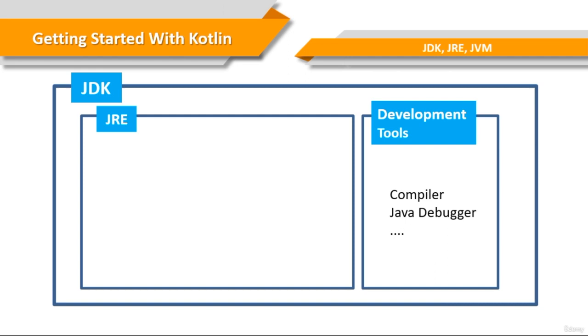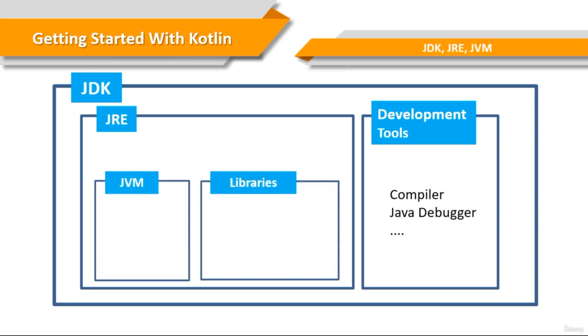The JRE, or Java Runtime Environment, is a software package that combines libraries, the Java Virtual Machine, and other components to run applications written in Java. So the JRE is the runtime portion of Java, and this is all you need to run it in your web browser. It includes the Java Virtual Machine, or JVM, and libraries.